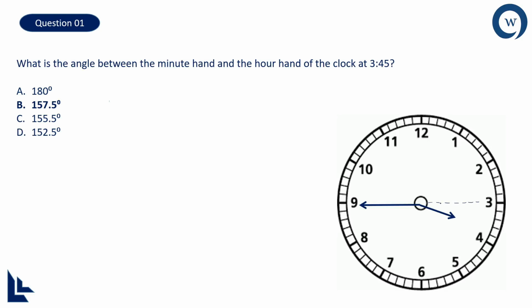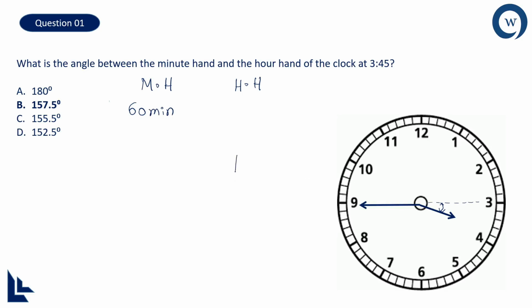That deflection happened because minute hand has made a deflection of 45 minutes. Now, you need to tell me the answer. For 60-minute deflection in the minute hand, what is the angle covered by hour hand? This is a very simple question. For 60-minute deflection in the minute hand, what is the angle covered by the hour hand? Imagine the case of 3 o'clock itself.